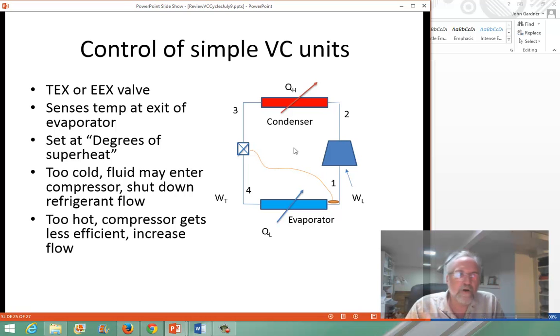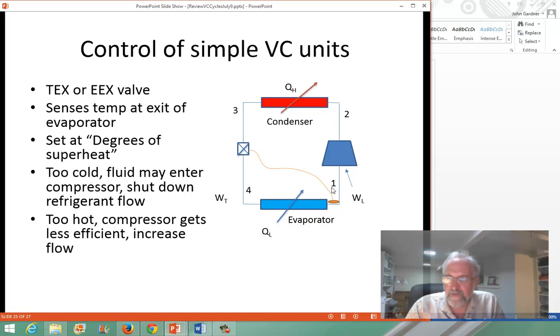So nearly all refrigerators, home air conditioning units, commercial freezer cases and refrigerator cases in grocery stores have this thing. It's called a thermal expansion valve, which is controlled by a bulb here. It's not electrical. It actually has refrigerant in this line.